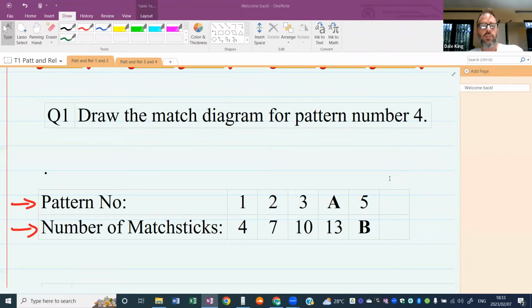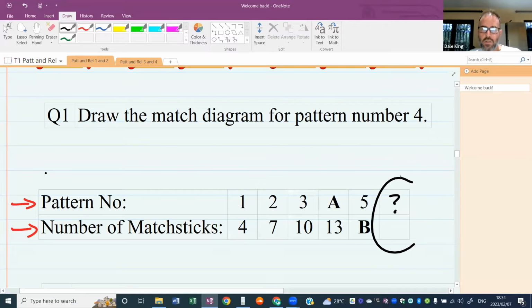What that means is that one of these numbers relies on the other one. If you don't have a pattern number over here, if you just have a question mark in this last column, I can't tell you how many matchsticks you've got. To determine the number of matchsticks, you have to give me the pattern number.